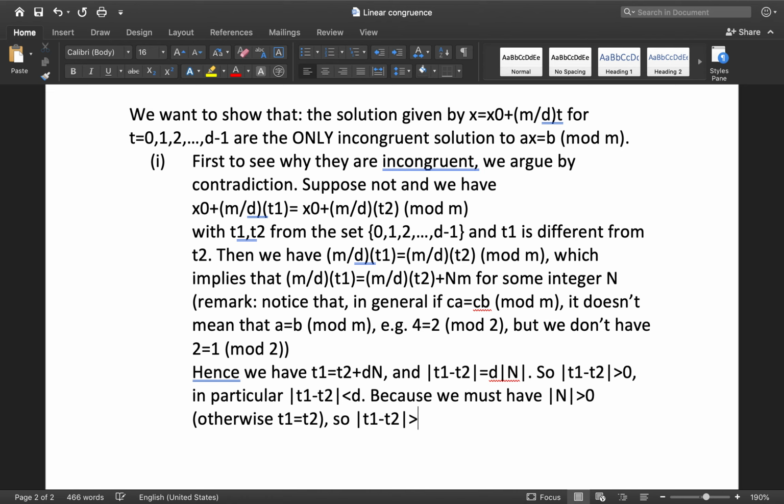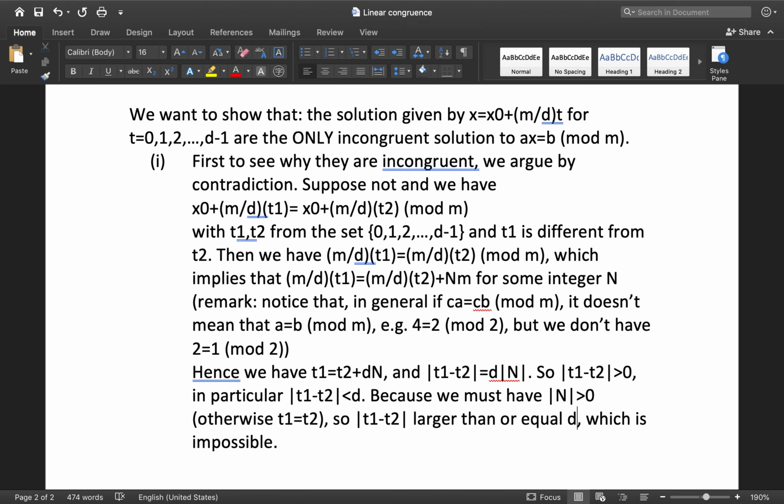This number must be bigger than or equal to d, which is impossible. Because you see, now we have a contradiction already. On one hand, we say that the difference must be less than d, but on the other hand, T1 minus T2 should be bigger than or equal to d.